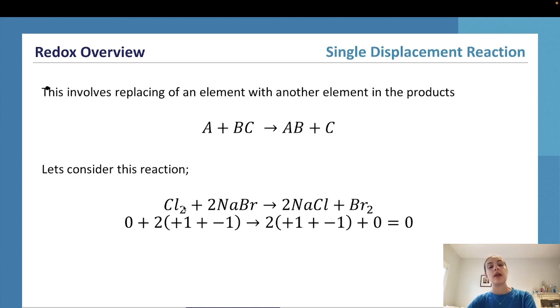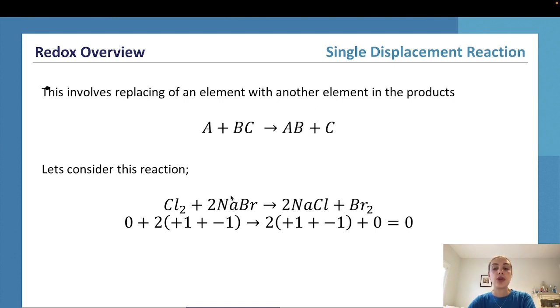chlorine is starting off as a charge of 0 in total, so its oxidation number is going to be 0 based on rule number 1 because it's entirely made out of chlorine. Then we can see the sodium and the bromine.